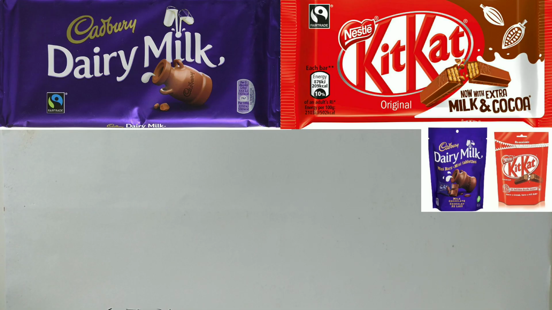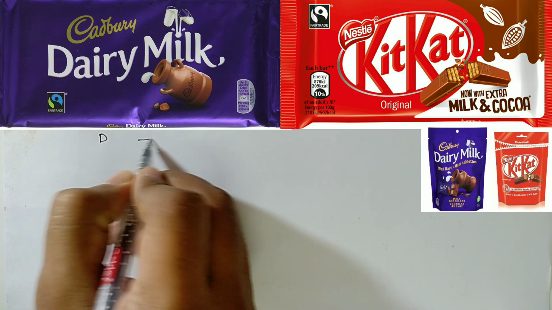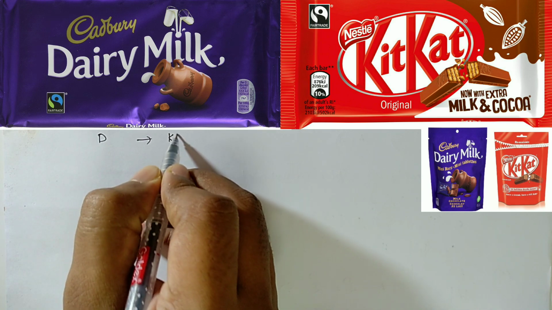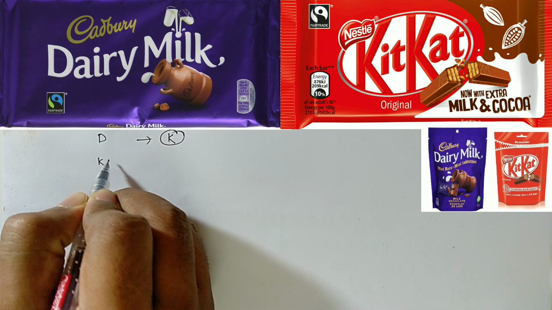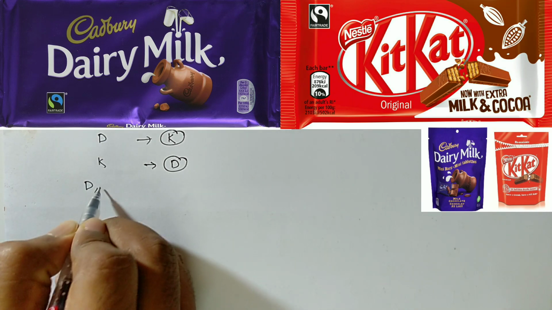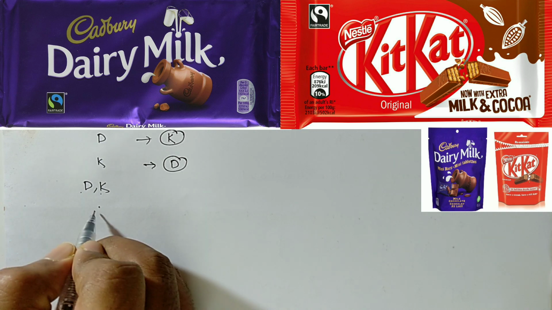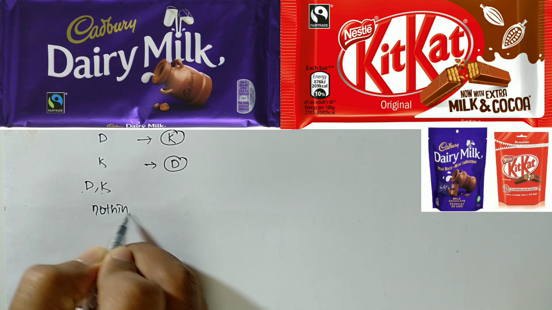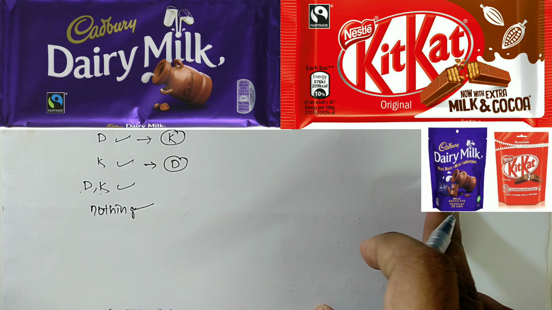My mother has bought these two chocolates for me, and what I can do with these two chocolates is, I can eat the Dairy Milk chocolate first and keep the Kit Kat chocolate in the fridge to eat later, or I can eat the Kit Kat chocolate and keep the Dairy Milk chocolate for later, or I can eat both the Dairy Milk and Kit Kat chocolate, or I can eat nothing. So these are the four possibilities that I can do with these two chocolates.